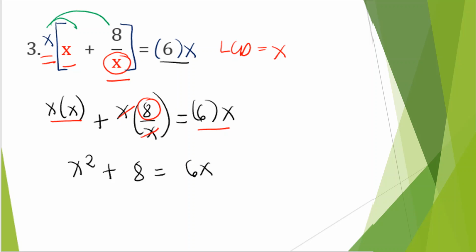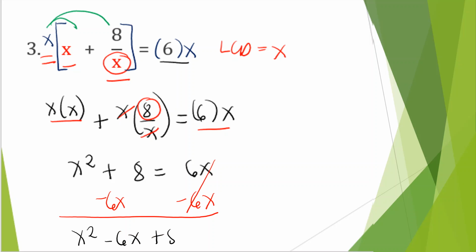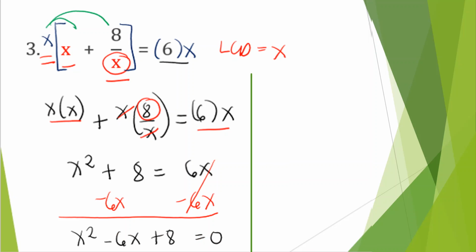The next step is to solve the equation. Let us start by adding negative 6x to both sides of the equation. Cancel. So we have x squared minus 6x plus 8 is equal to 0. Next, let us find the factors of x squared minus 6x plus 8.